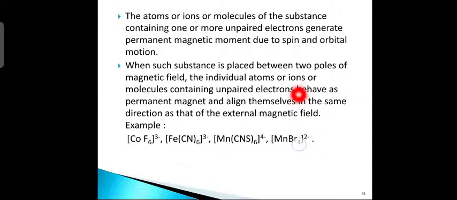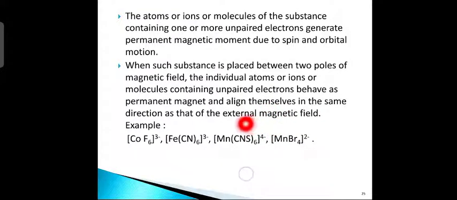The atoms or ions or molecules of the substance containing one or more unpaired electrons generate a permanent magnetic moment due to spin and orbital motion. Okay. When such a substance is placed between the two poles of a magnetic field, the individual atoms or ions or molecules containing unpaired electrons behave as permanent magnets and align themselves in the same direction as the external magnetic field.